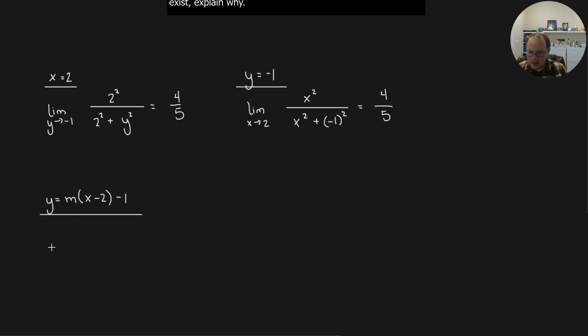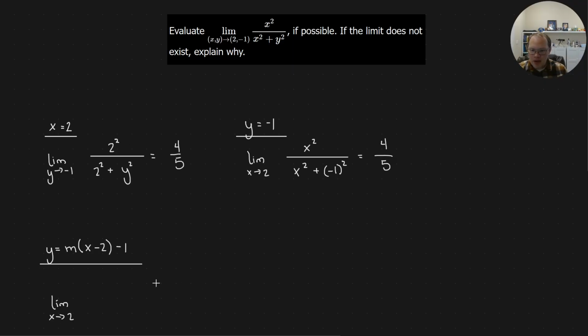So I only have to think about what happens as x approaches 2, because we saw as x gets close to 2, y is going to get close to -1. And so I have x squared over x squared plus my y squared, where my y is defined by the relationship m times x minus 2, minus 1, squared.